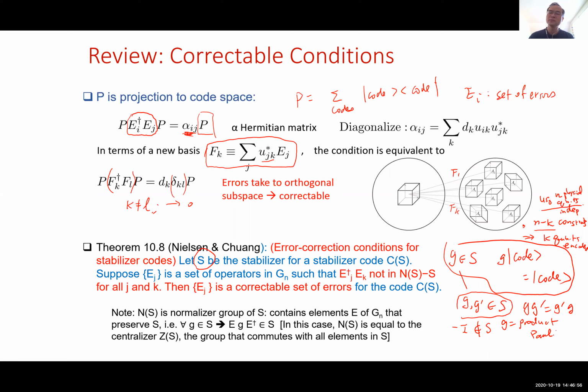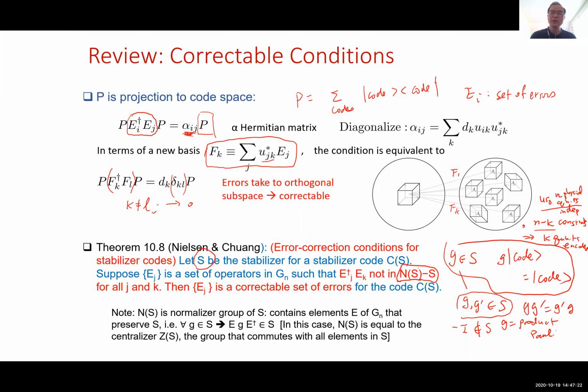Okay. And in terms of the stabilizer code, the error correctable condition for this set of errors is that the action E_j dagger E_k, similar to this here, is not in the so-called normalizer minus S itself.